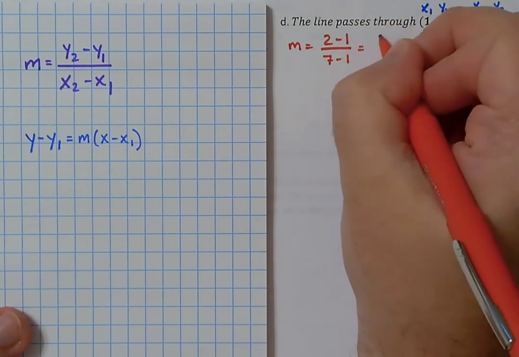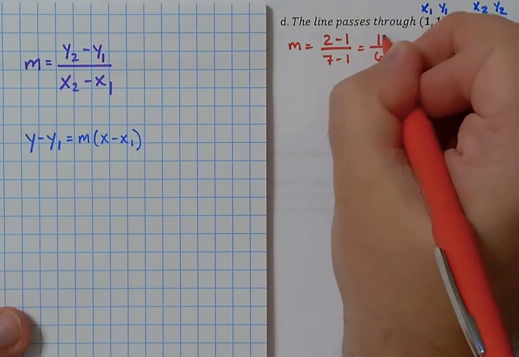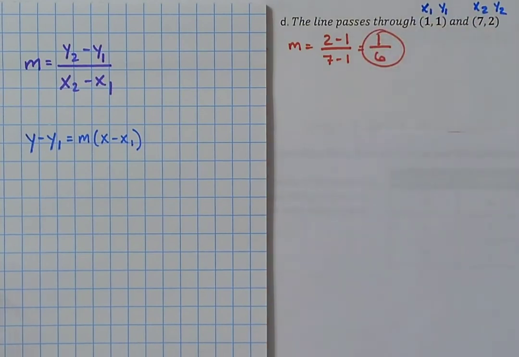Simplify on top, so I get 1. Simplify on the bottom, I get 6. And 1/6 is going to be my slope for this problem. Now that I have my slope, we need to plug my slope and one of my points in to get our equation.